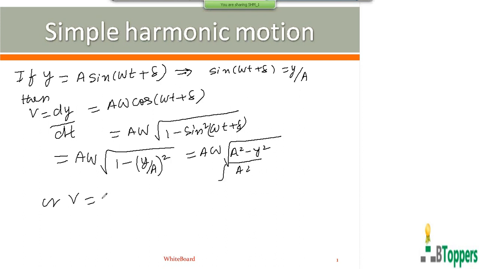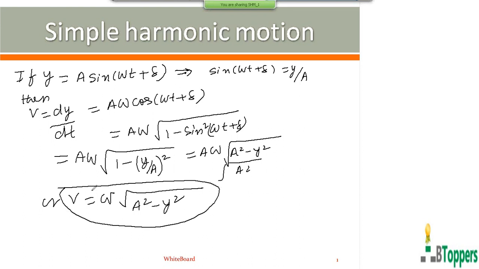That gives v equal to omega into root of a square minus y square. So the magnitude of velocity of the particle in simple harmonic motion at the instant when the particle is at a distance y from the mean position is given by v equal to omega into root of a square minus y square.